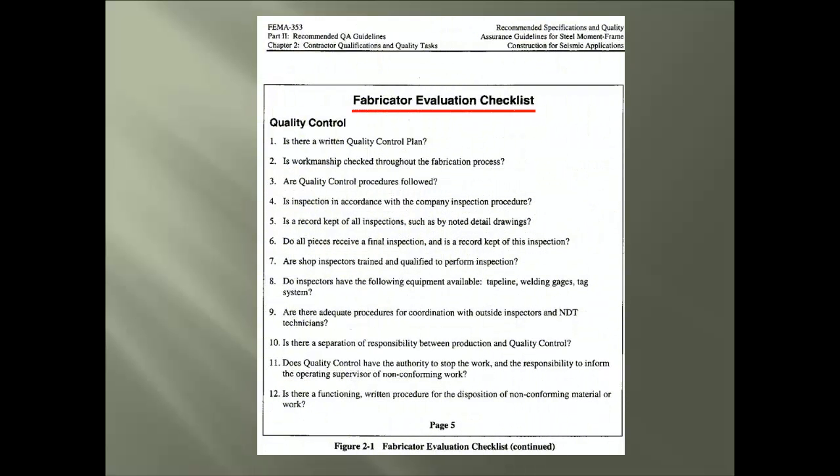Here we see the Fabricator's Evaluation Checklist, which is for the QC professional. Number 1 states the need for a written QC plan. Number 2 asks if the workmanship is checked throughout fabrication.